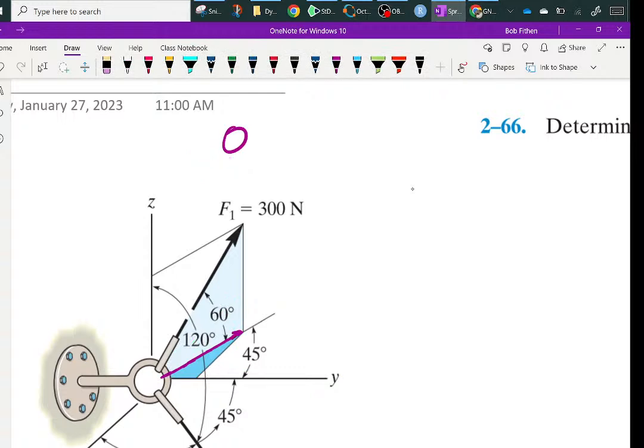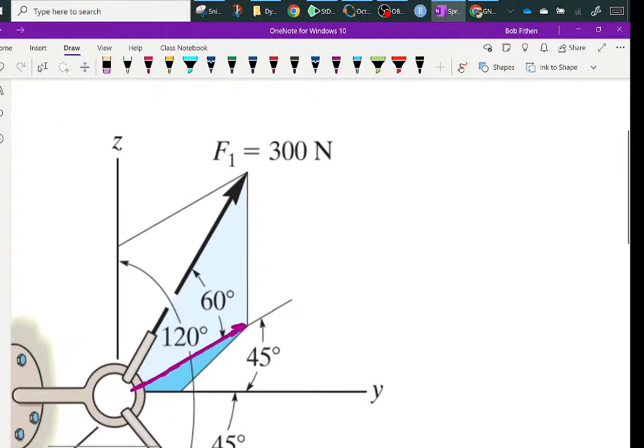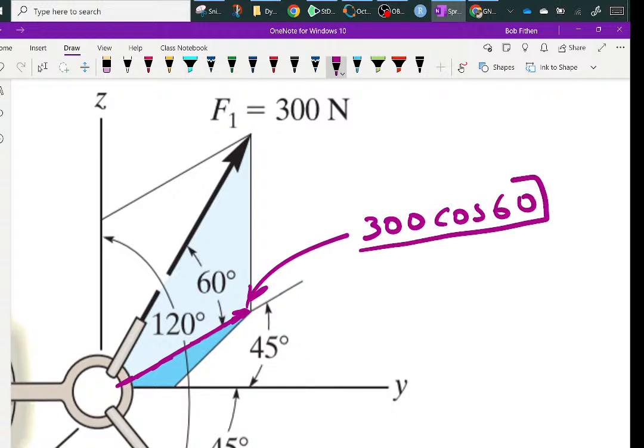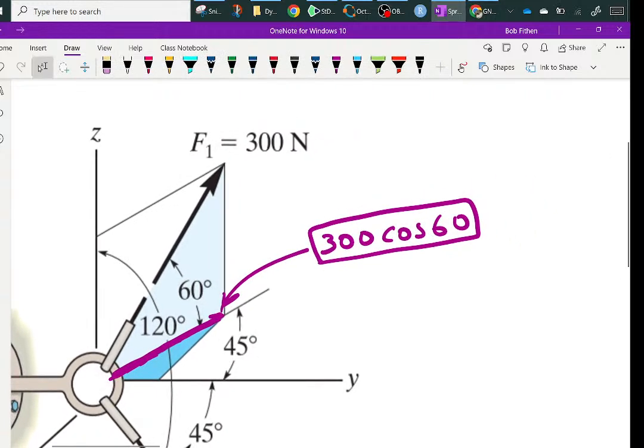So on the ground, what is that vector? I don't know what else to call it, but I'm going to say the length of it is equal to 300 times the cosine of 60 degrees, because that's the length of this thing and it sweeps through that 60 degrees. That is the length of that purple line laying on the ground, or the shadow, or the projection, whatever you want to call it. Now you also notice he has this line right here and this line back here.